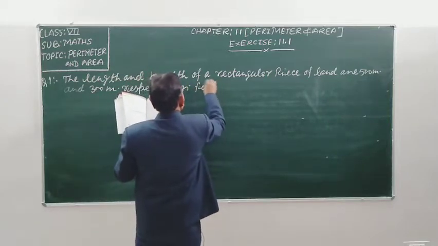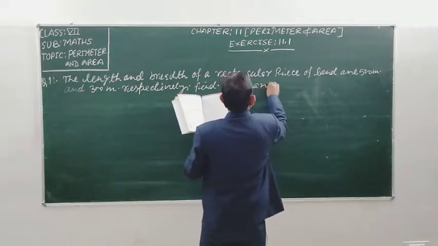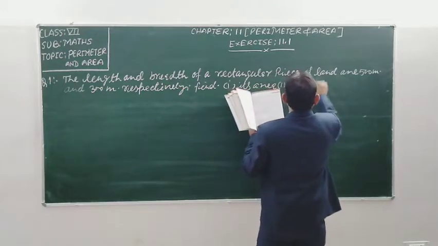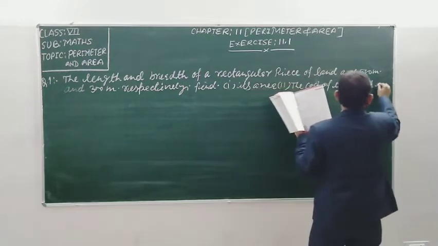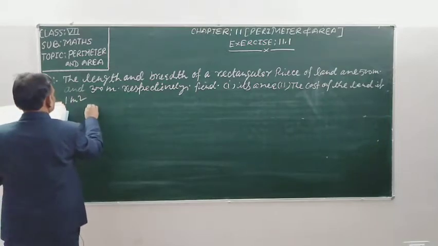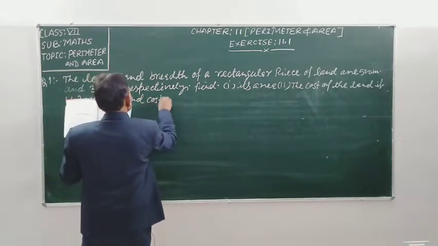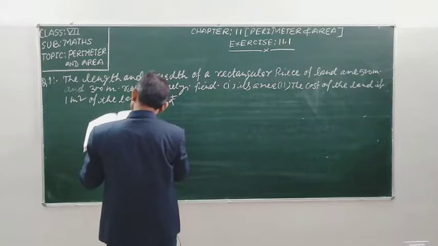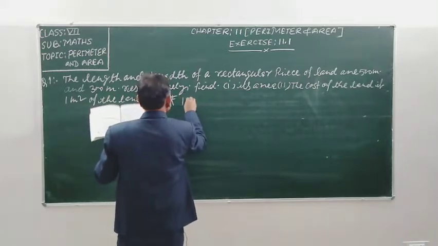Find, what we need to find? First, its area, and second, the cost of the land if 1 meter square of the land costs rupees, perhaps, student, this is 10,000.